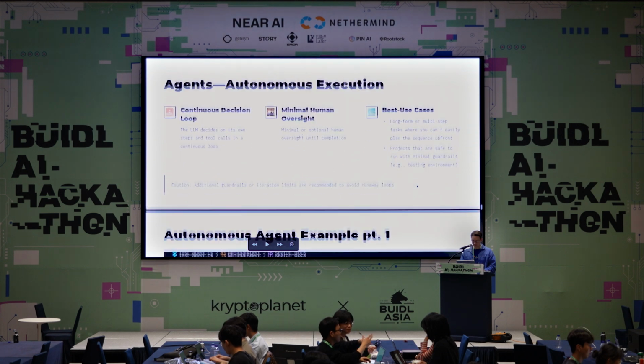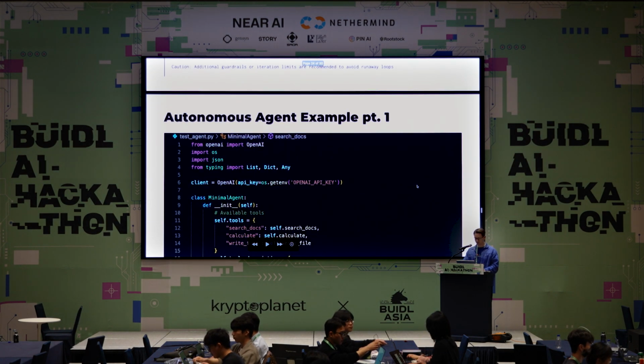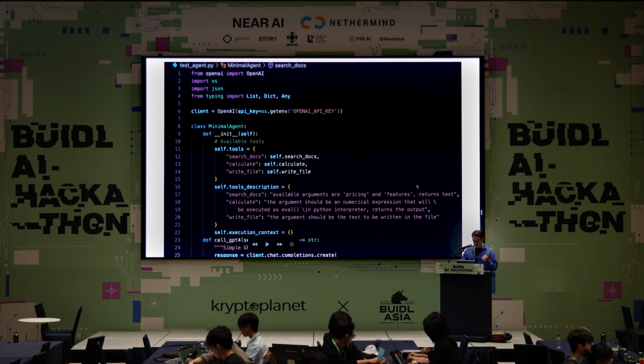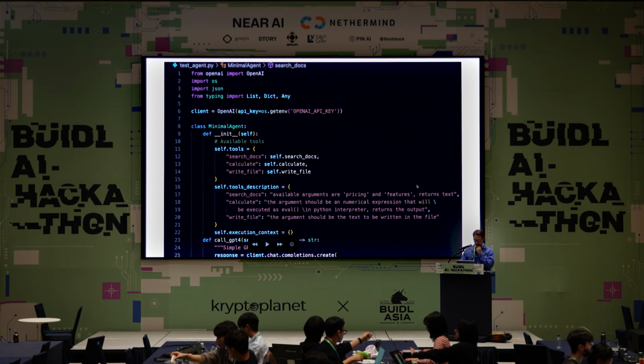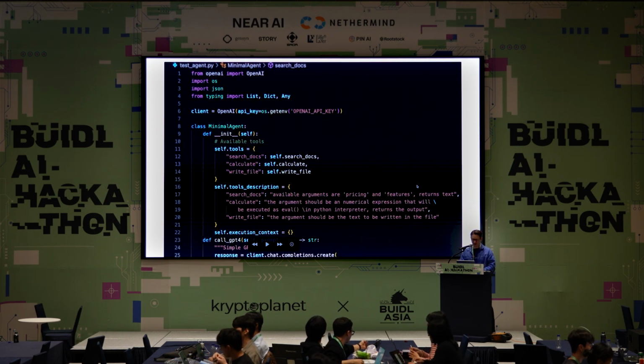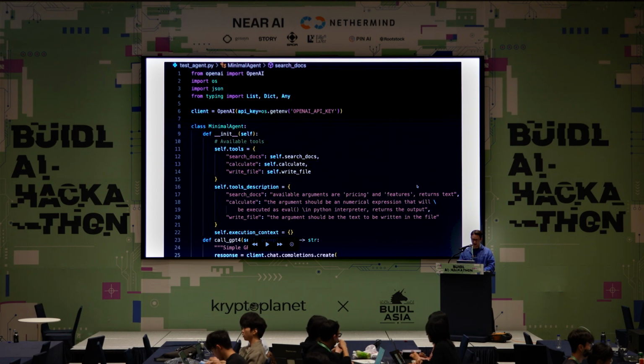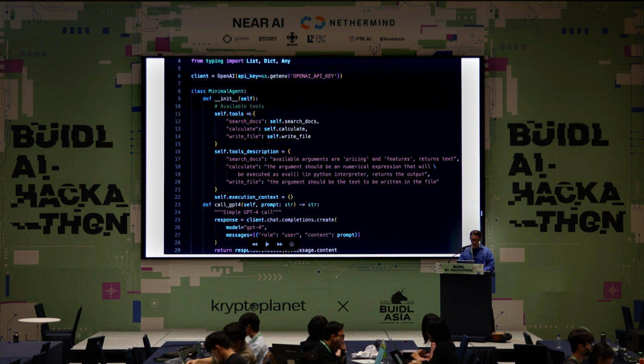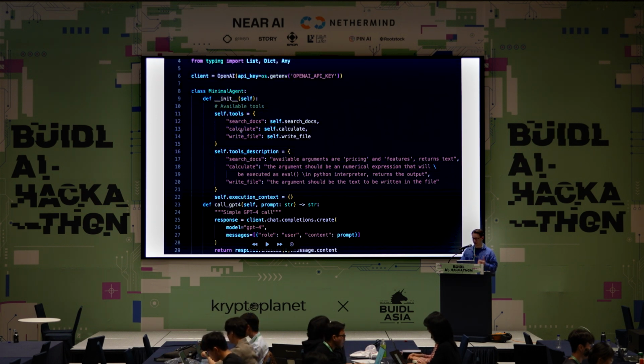So how would the code look for this particular example? This is the most sophisticated compared to the other ones, and I even ran it and created the outputs to see how it worked. But first, let's look at the code. We have here the class of this agent, and we define three tools in a dictionary.